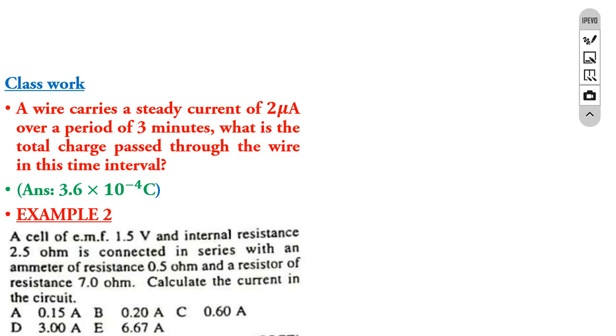Calculate the current in the circuit. Please, if you don't understand that question, I would advise you read it a second time before you join me, so I don't have to waste further time. Look at the options we're given below: A, B, C, D, and E. So let's see what we can do.